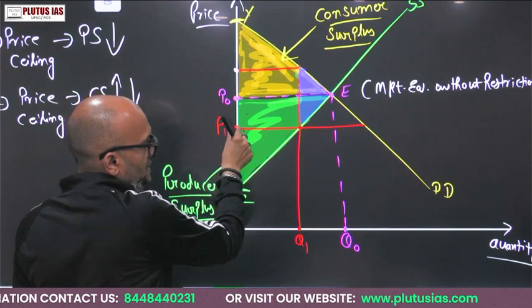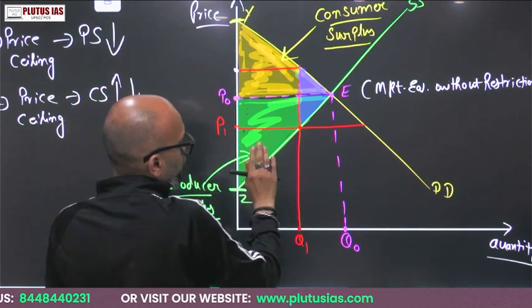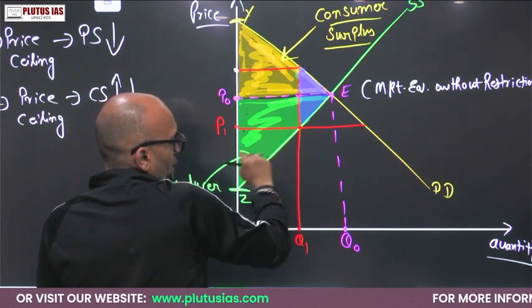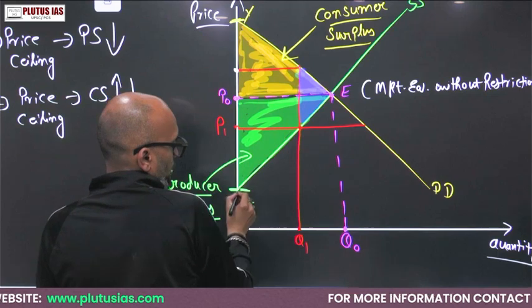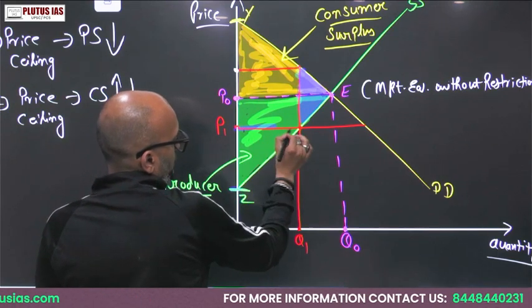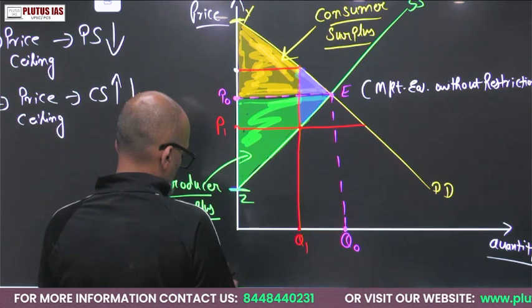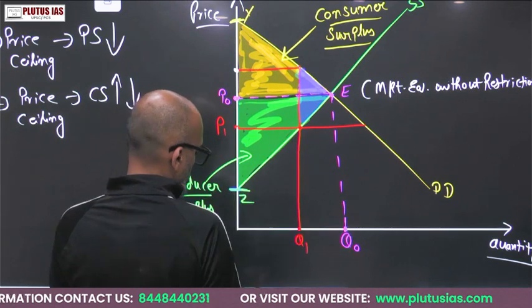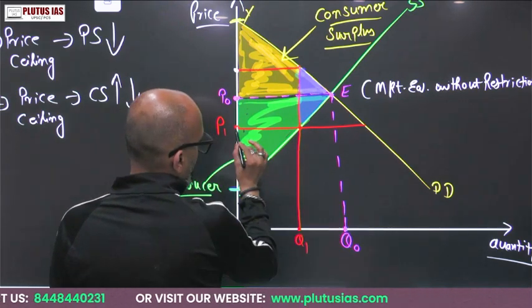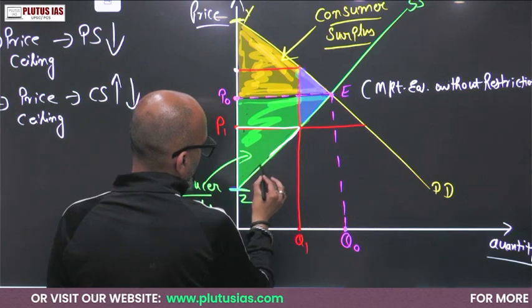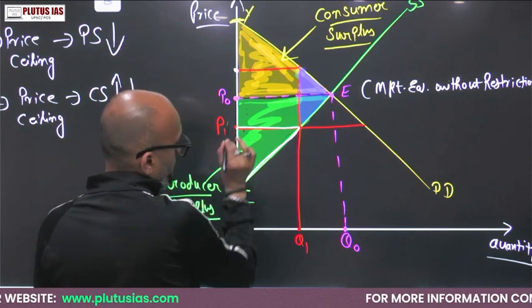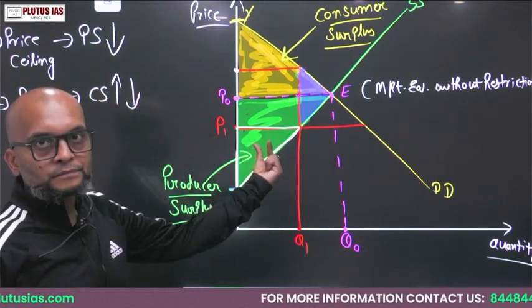This is the price ceiling. So how much is producer getting? See, he is only able to recover this much from here till here. Let me use another pen. So producer is able to recover this much. This is the new producer surplus. Yes or no? Yeah. Okay.